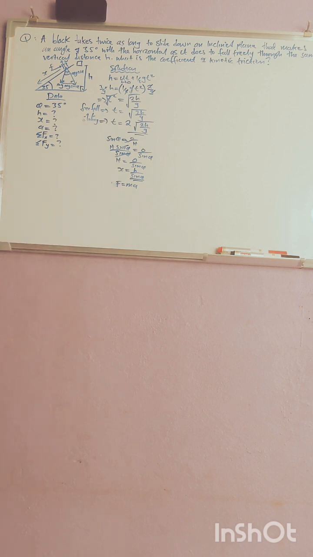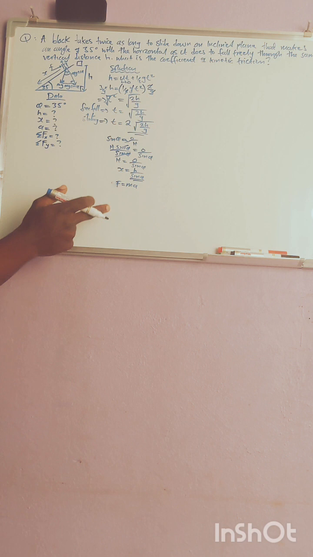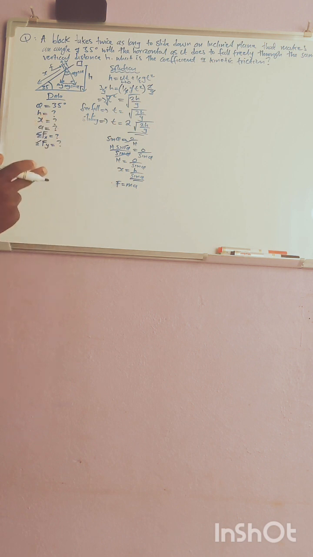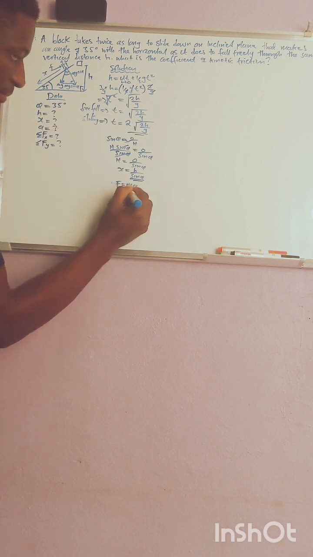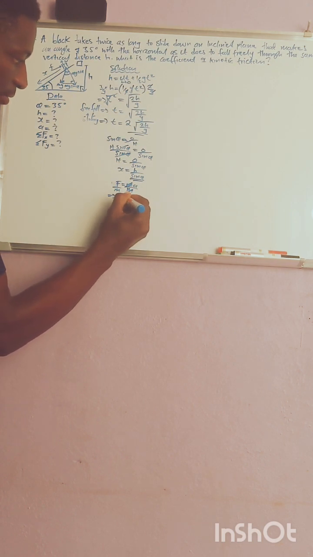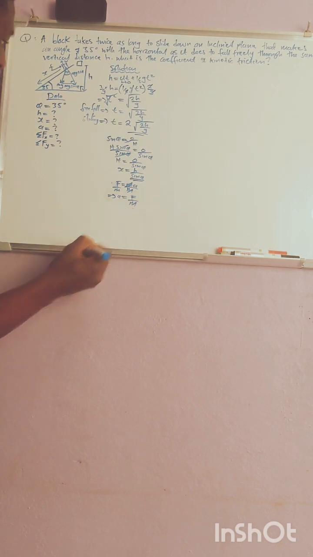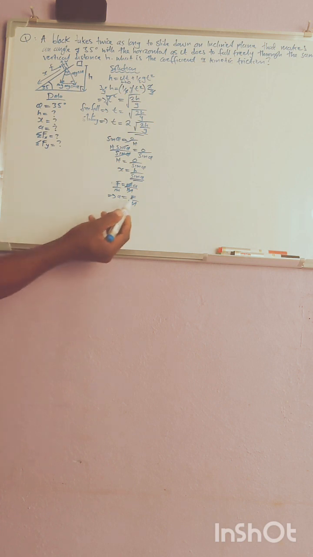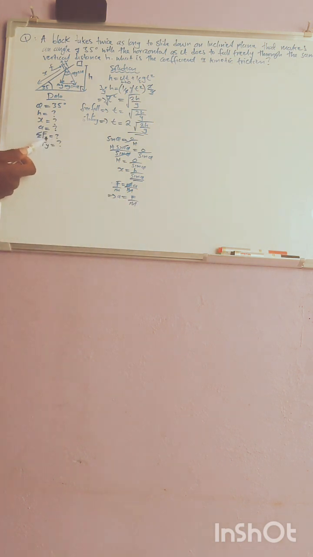To calculate this, we're interested in the acceleration, so we're going to make acceleration the subject of the formula. Therefore, acceleration is equal to force over mass. So what is the force? The force is the summation of forces, the resultant in the x-axis. That is the force.